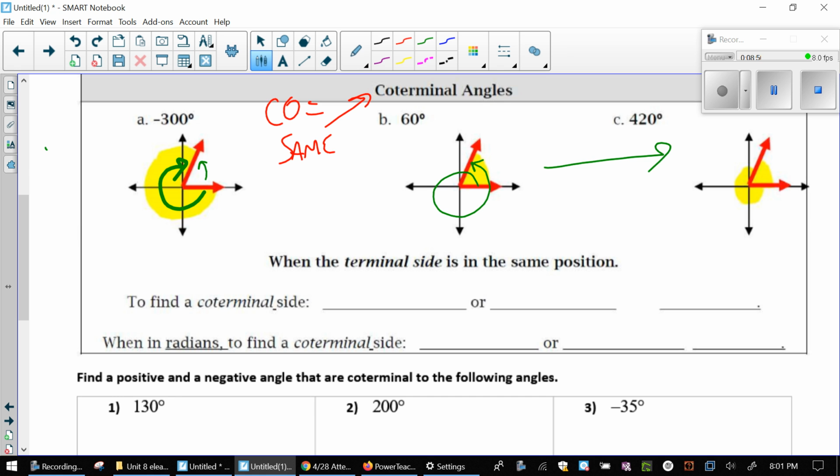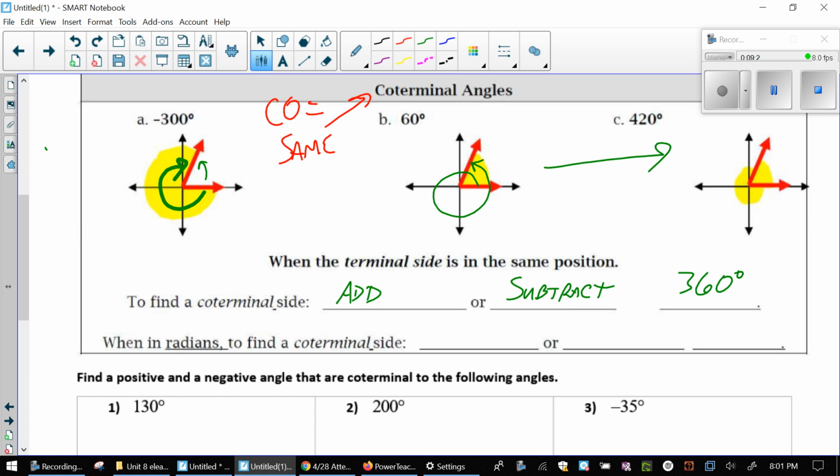So you can see all three of these angles are in the same place, but they have different measures. Negative 300, 60, 420. And all we have to do to find a coterminal angle, okay, is add or subtract 360 degrees. Because all that does is spins us around that coordinate plane.